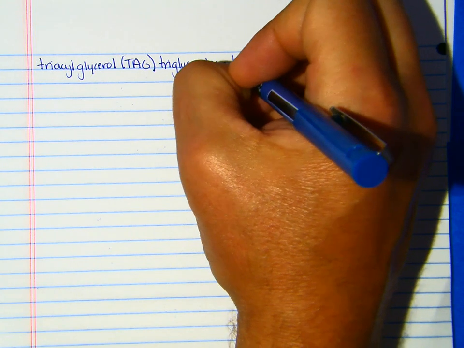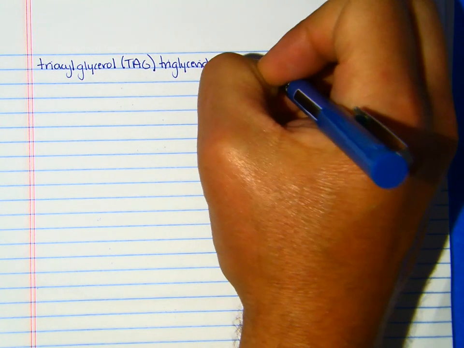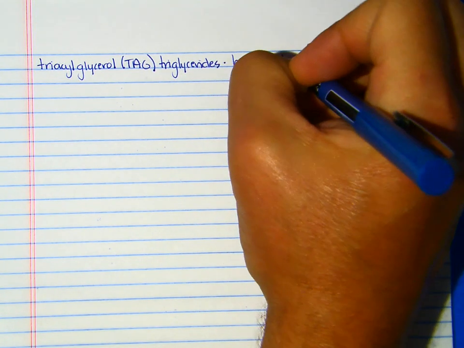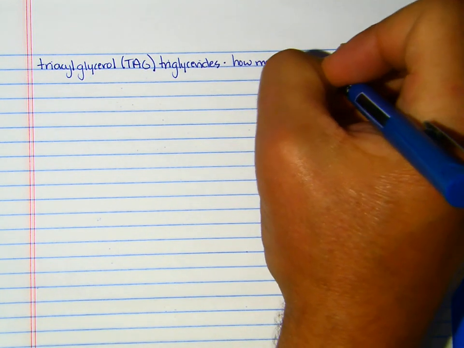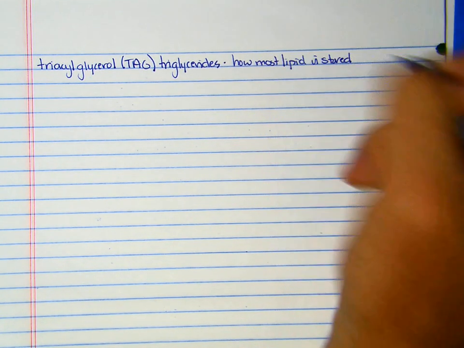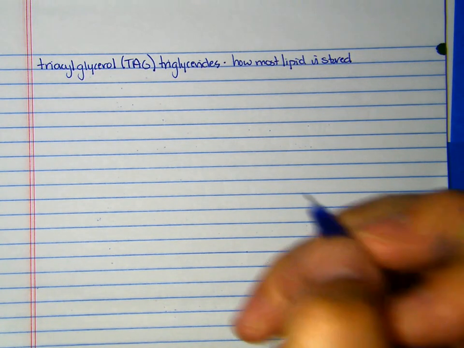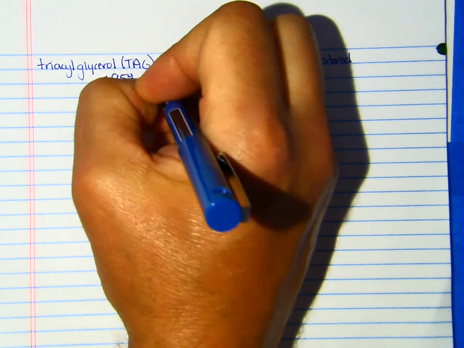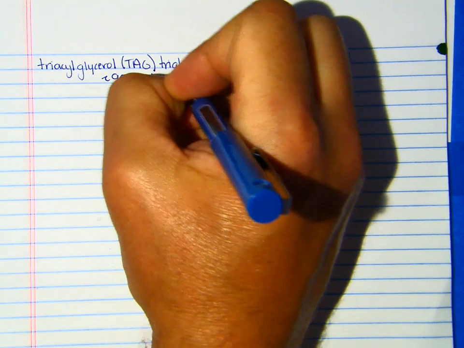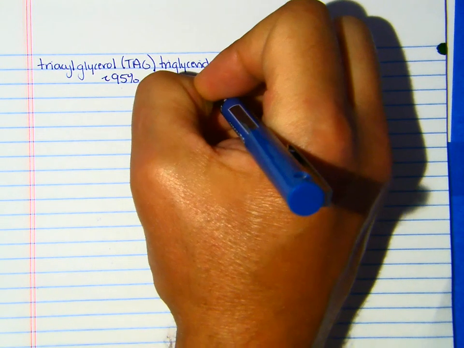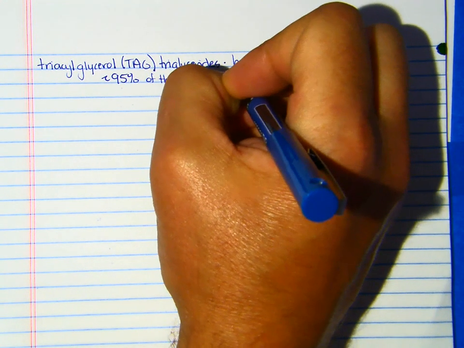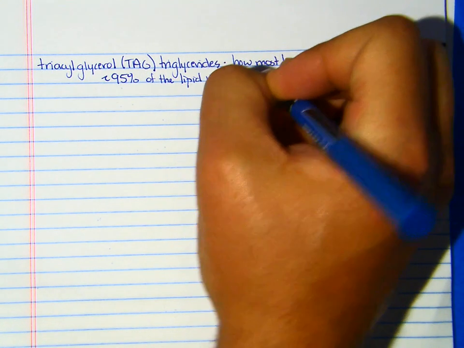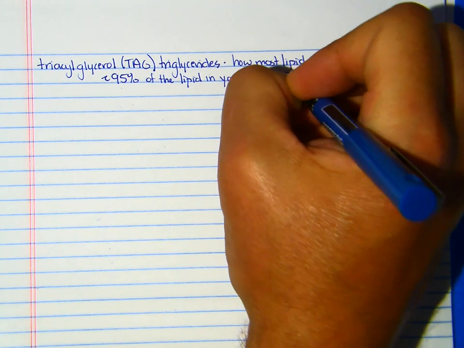And this is how most lipid is stored. Okay, so in your body, this is how you store lipid, and approximately 95% of the lipid in your diet is TAG.